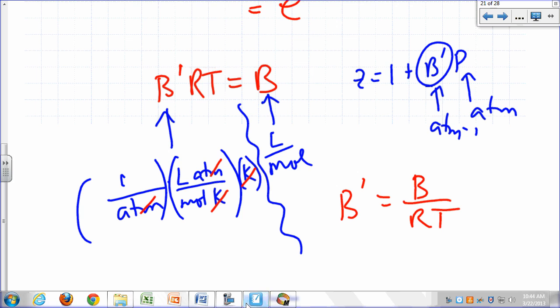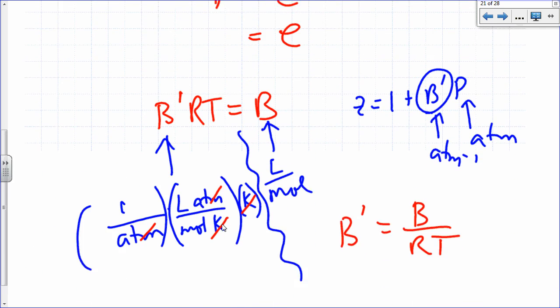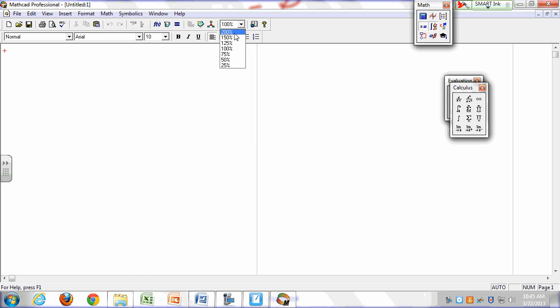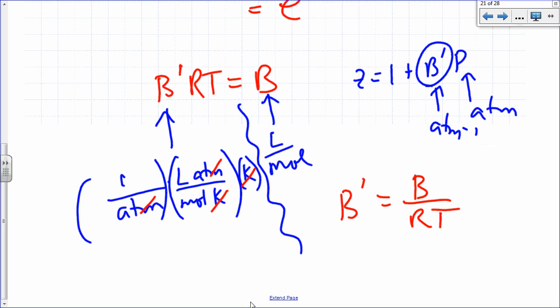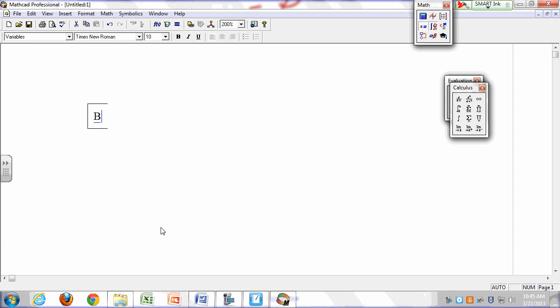And what was B? B is negative 10.5. So B prime equals B over R times T. Okay, I need to define what B is. B equals negative 10.5 times milliliter per mole.